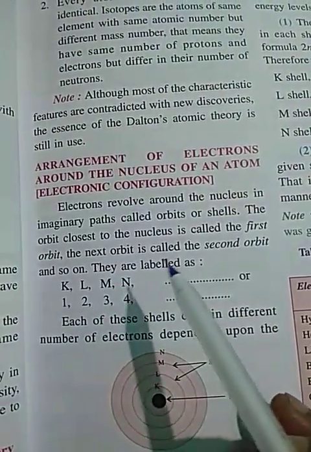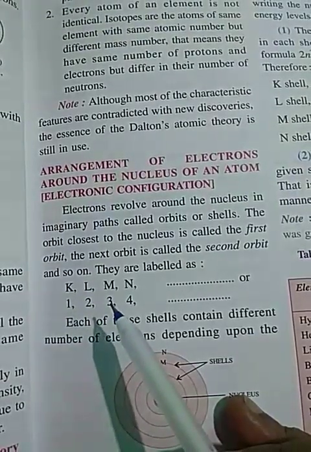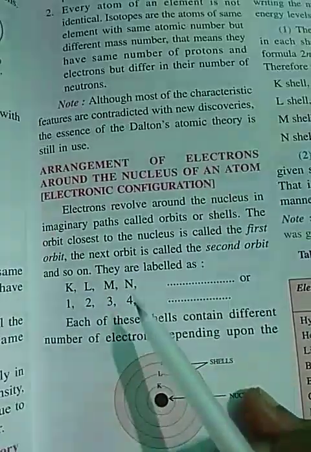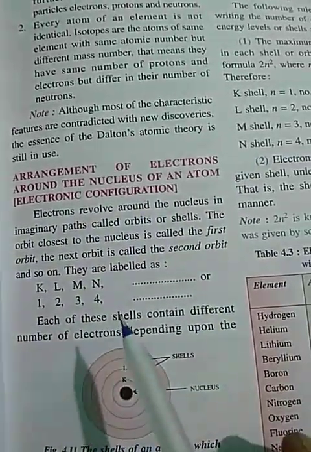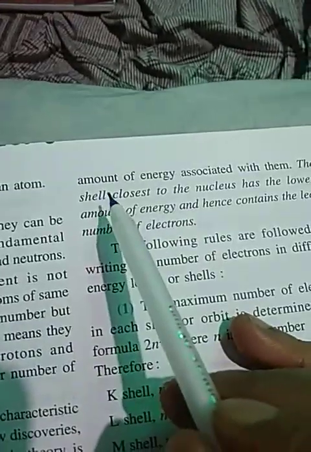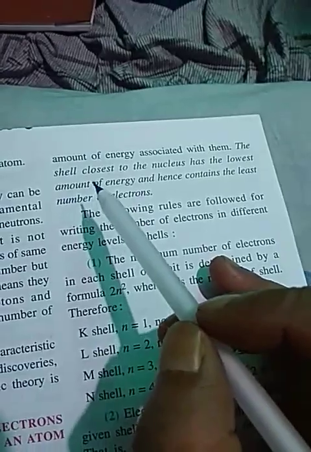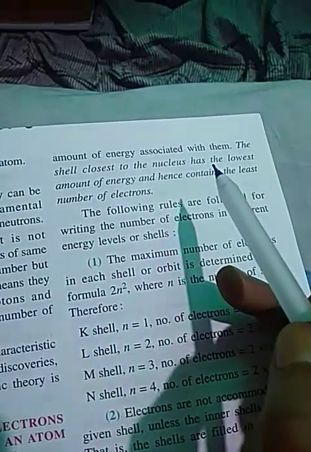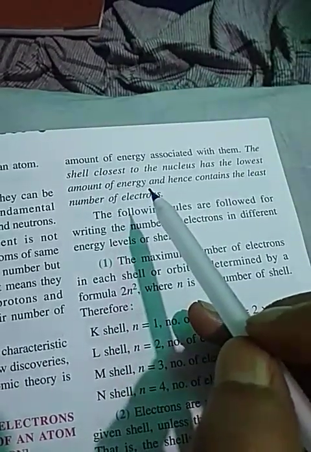The next orbit is called the second cell or L cell. The third orbit is called M cell, fourth N cell, then O. Likewise, K, L, M, N, O, P. Now each of these cells has a different number of electrons depending upon its energy capacity. The cell which is closest to the nucleus has the lowest amount of energy.